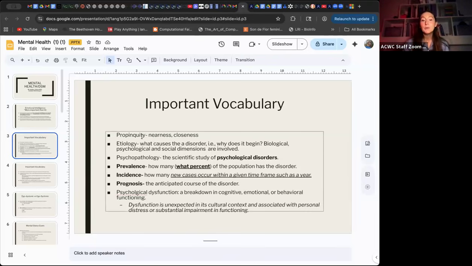That's all propinquity is talking about, the nearness or the closeness. People are more likely to marry or have an affair not necessarily because that person is the best person that ever entered their lives, but partially just because of propinquity. That's who was there at that time and available.